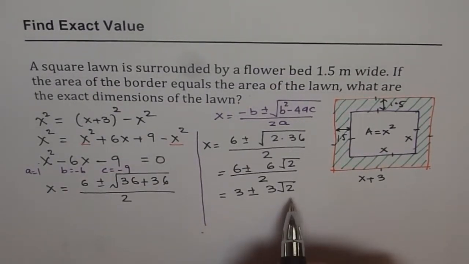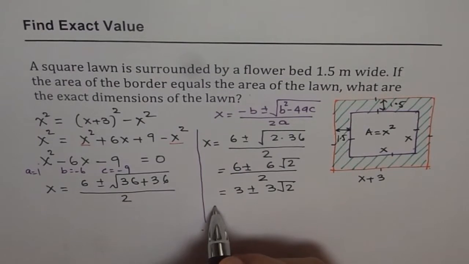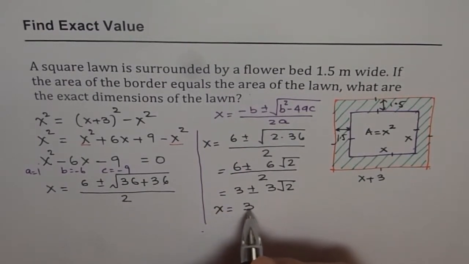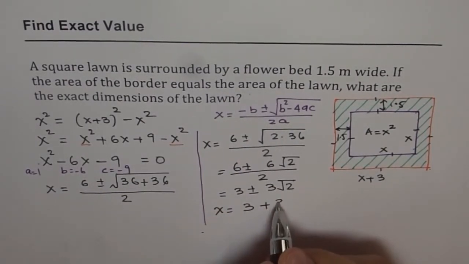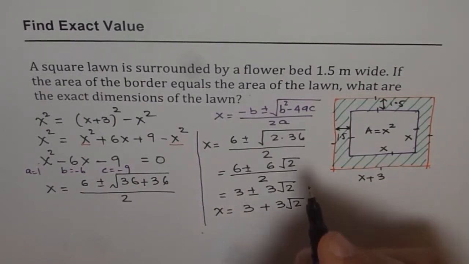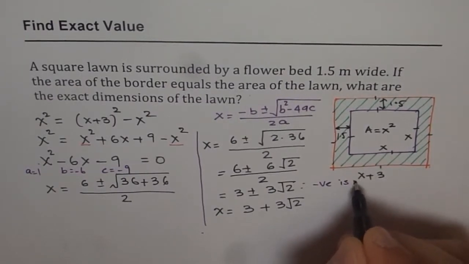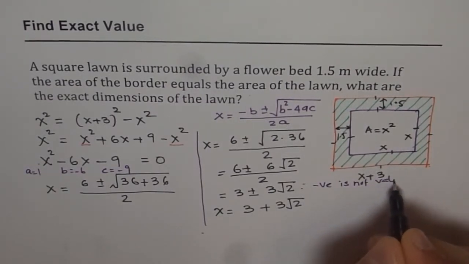Now the sides or the dimensions can never be negative, correct? And therefore, for this particular example, the answer should be x equals 3 plus 3 times square root 2, right? Let's write down a note that negative is not valid, right?